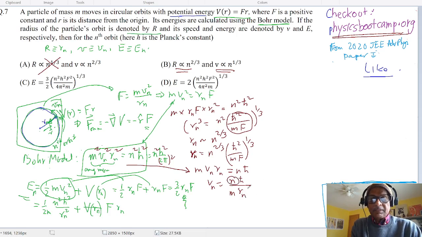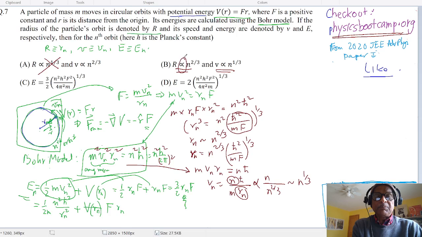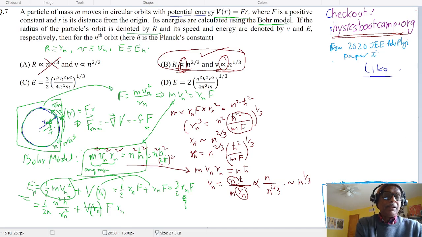Here is n, and there will be n to the 2/3 in Rn, so this will go as n over n to the power 2/3, which is n to the power 1/3. We're just checking proportionality, not exactly. So it's 1/3. This is correct. So A is not correct, B is correct.